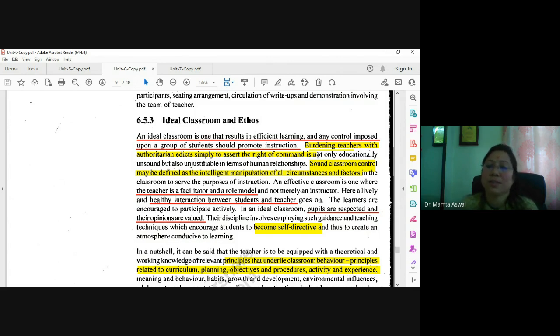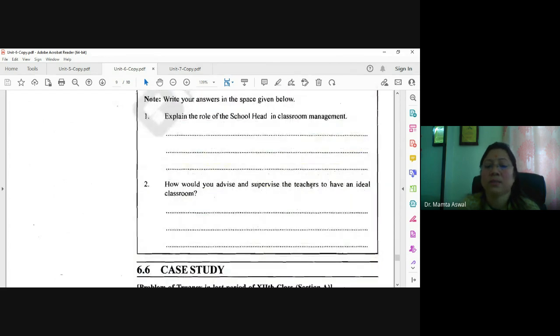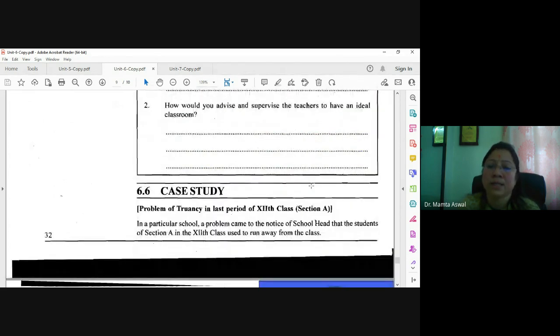The teacher gives the child freedom to innovate and create new things, and helps children develop their personality as well as an innovative mode of work. So this is basically how an ideal classroom should be.